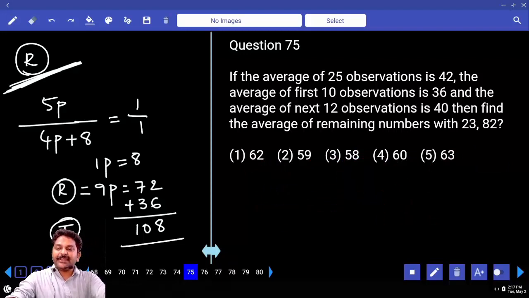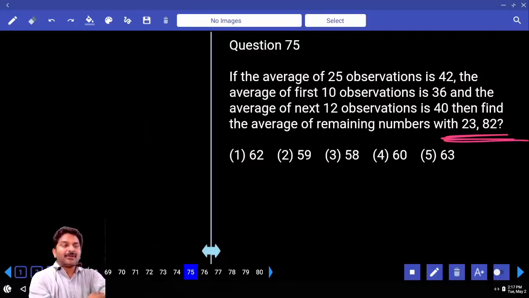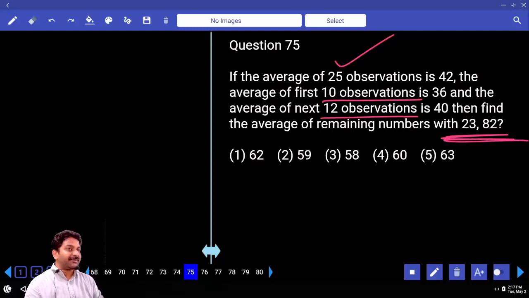If the average of 25 observations is 42, the average of the first 10 numbers is 36 and the average of the next 12 numbers is 40, find the average of the remaining numbers along with 23 and 82. So in total how many numbers do we have? 25. Out of 25, first 10 numbers, next 12 numbers. That means how many numbers are covered?